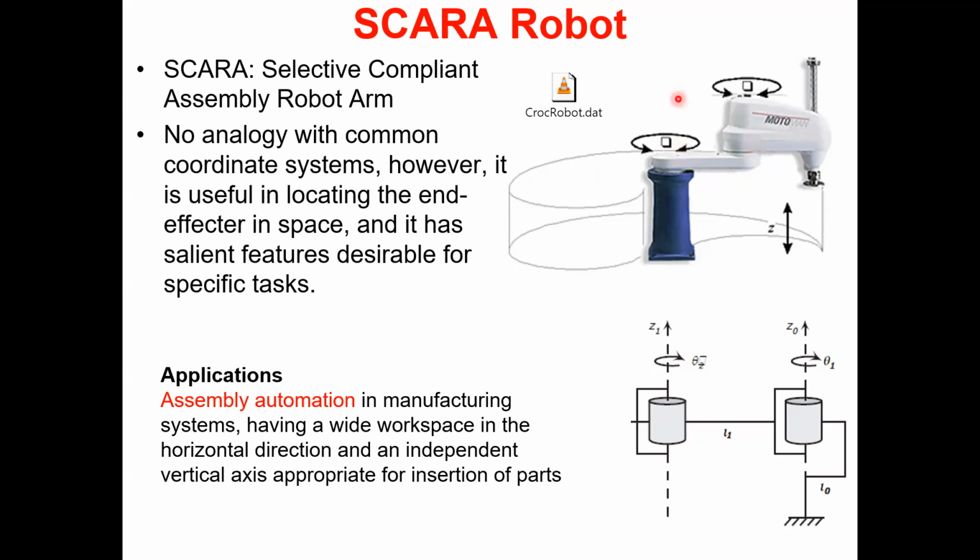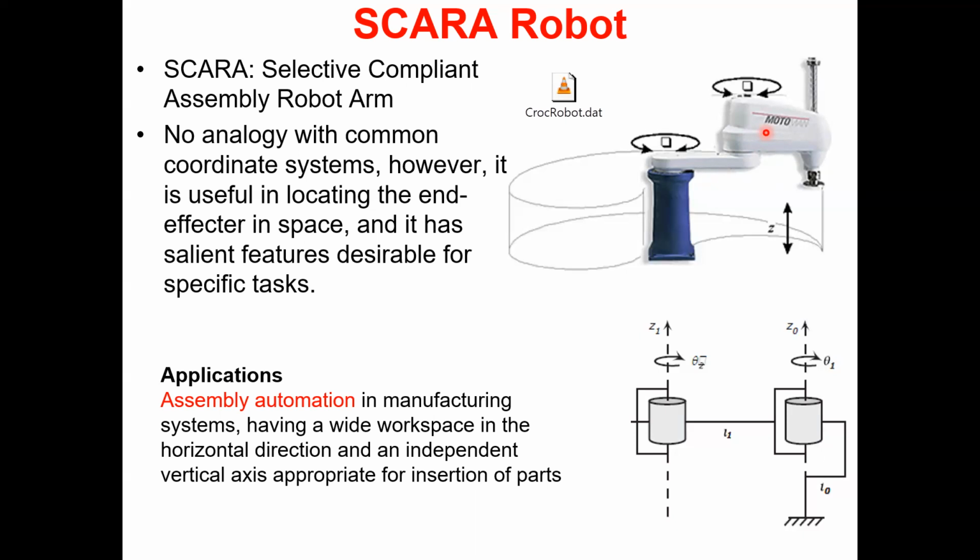Now in this case, the axis of rotation is vertical. So rotating like that. Rotating like that. So the motor produces torque around a vertical axis, not around a horizontal axis. Therefore, the motor doesn't have to counter the gravity.